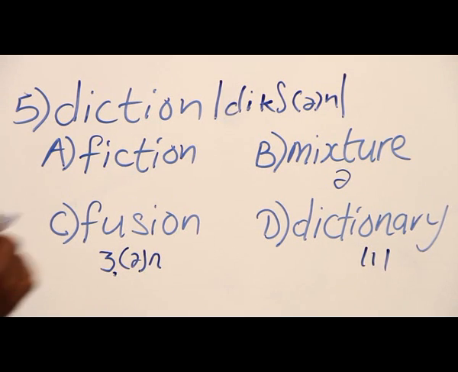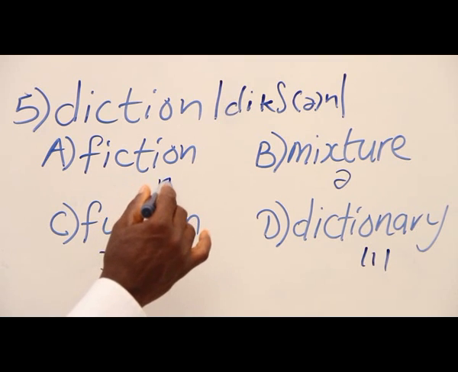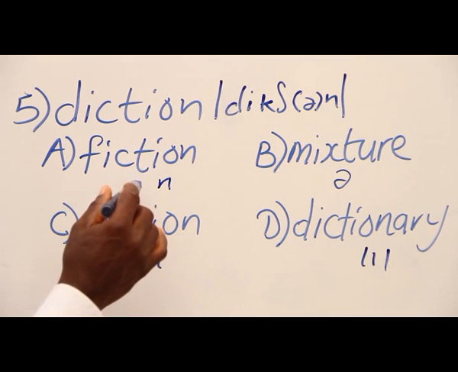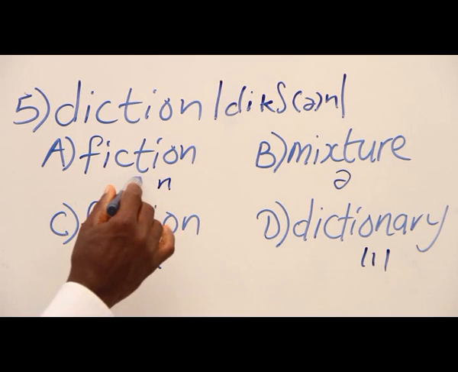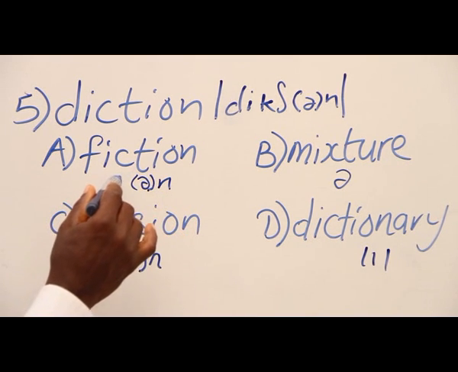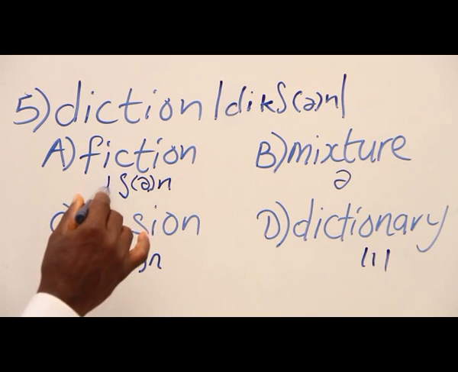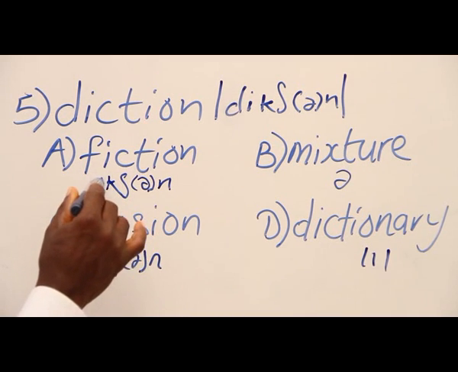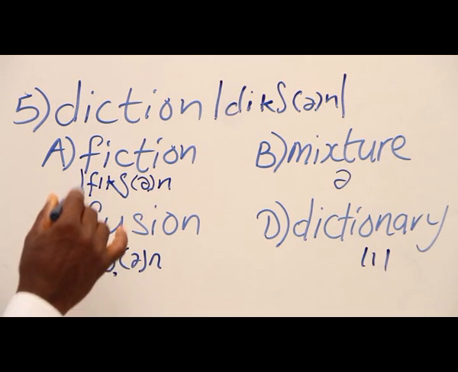Now let's look at fiction. We'll take fiction and start from the end. We're going to have a possible schwa here too, which is optional, and then we have this, and this, and this, fiction.